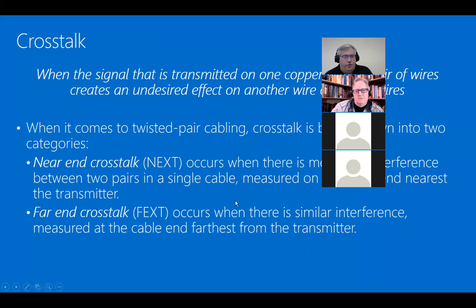This is a definition of crosstalk. Basically, it's where you get interference, and 2 cables will have signals that interfere with each other, and so you'll hear what one person is saying on the other cable. So it's not an ideal situation.